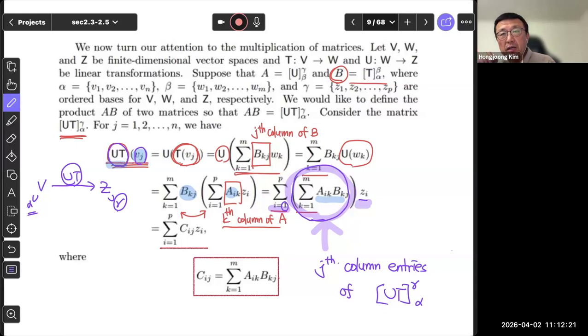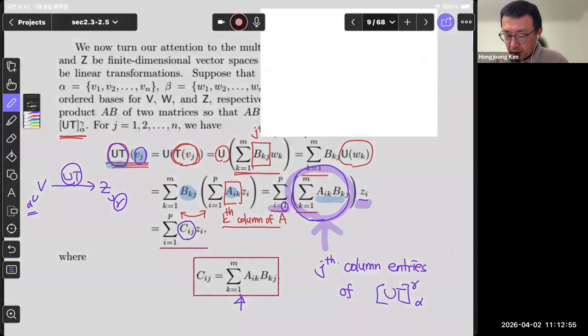So when I is 1, the first row jth column entry will be, so this is the ith row jth column entry of this matrix.